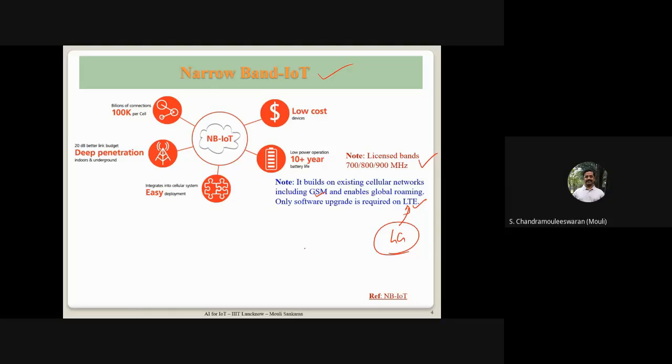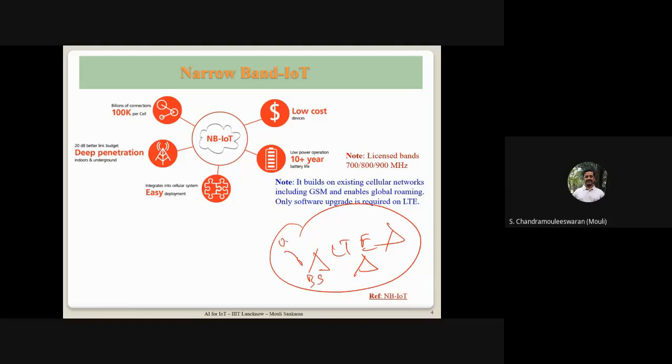If you want to support narrowband IoT on LTE infrastructure, which is a mobile infrastructure, what we need is only a software upgrade on the mobile infrastructure to make it compatible with narrowband IoT. Let me tell you why it is different from normal voice calls that we make. LTE is a 4G technology which is already there with a lot of base stations. Assume that each of the base stations is upgraded with new software, which supports narrowband IoT.